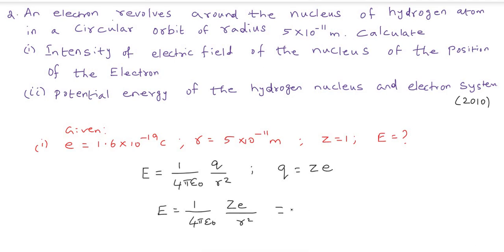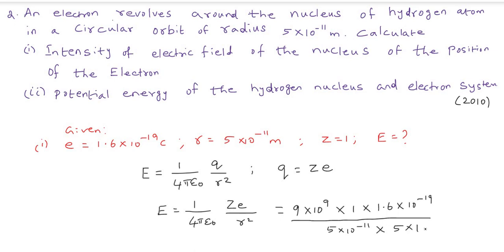Substitute the values: 1 by 4 pi epsilon naught is 9 into 10 power 9, into Z value 1, into e value 1.6 into 10 power minus 19, by R value 5 into 10 power minus 11 into 5 into 10 power minus 11.